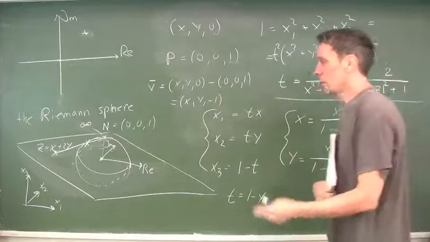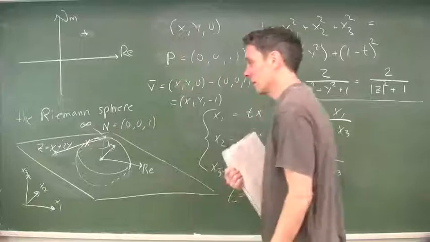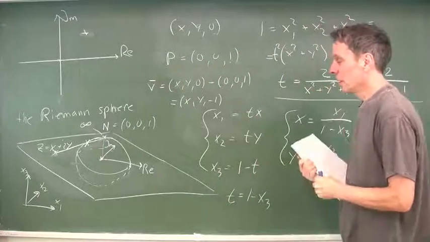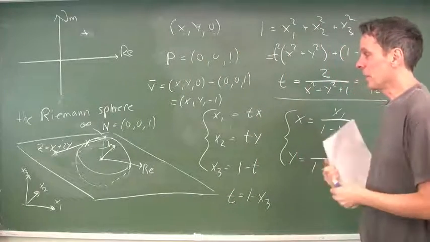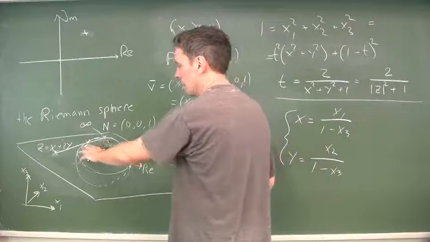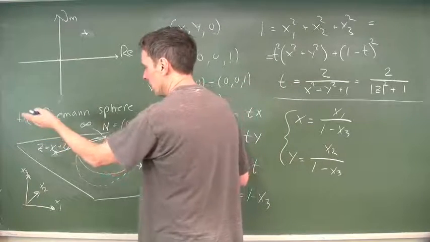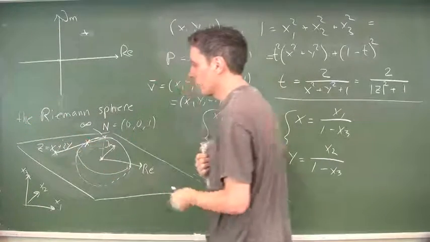Okay, so what's the point about considering this sphere now? Well, there are several points, but I'll start with the following idea: in the complex plane we have circles and we have lines.